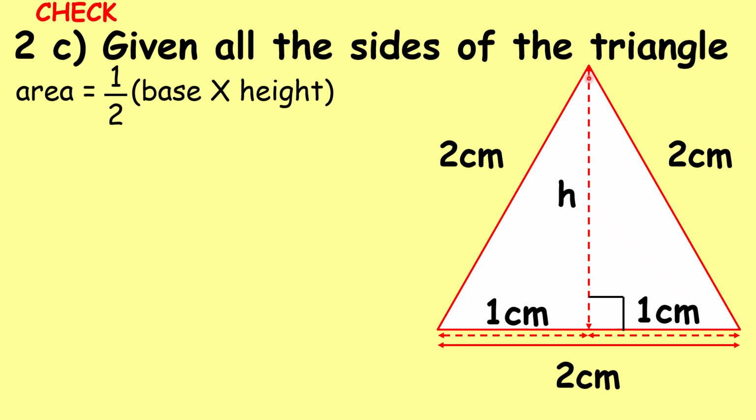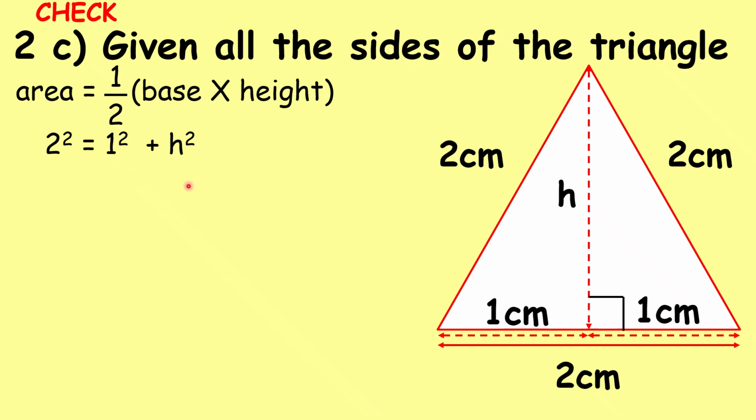So using Pythagoras' theorem, comparing these 3 sides, the longest side squared, which is 2 squared, is equal to 1 squared plus h squared. And that's what we have here: 2 squared is equal to 1 squared plus h squared.